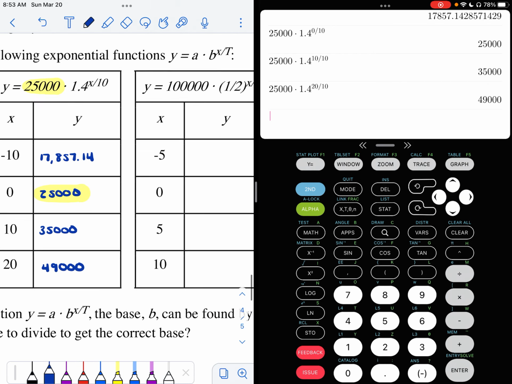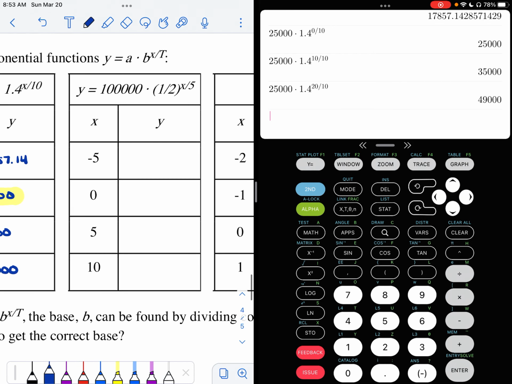Let's go ahead and look at our next one. This time we have 100,000 times 1/2 to the power of x over 5. So our first x value is a negative 5. We have 100,000 times 1/2 to the power of negative 5 over 5.